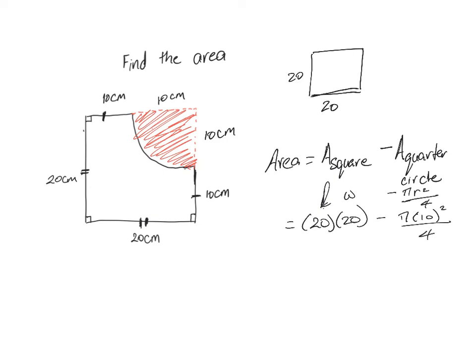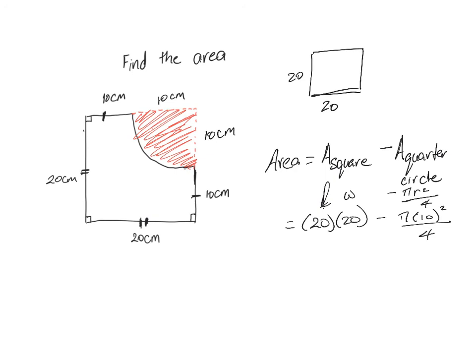And now you're going to want to go ahead and calculate that. And I'm doing it right now as we speak. So I'm doing 20 times 20 minus taking away the pi 10 squared over 4. Okay, hold on, I typed that strangely, so I've got to fix something here.